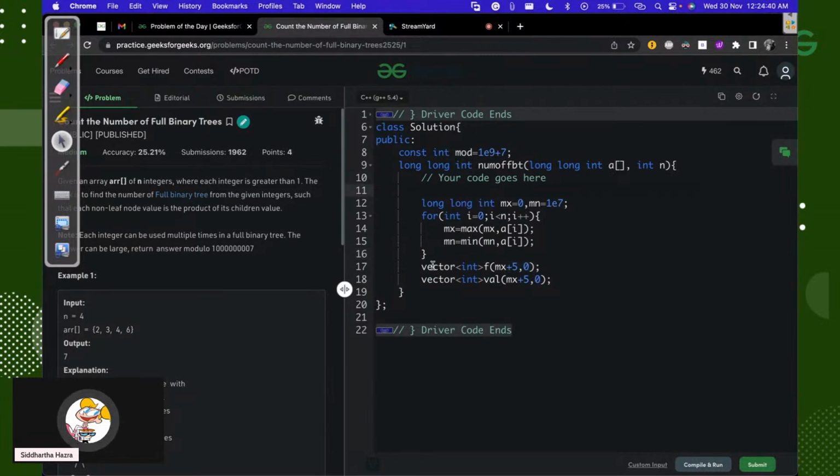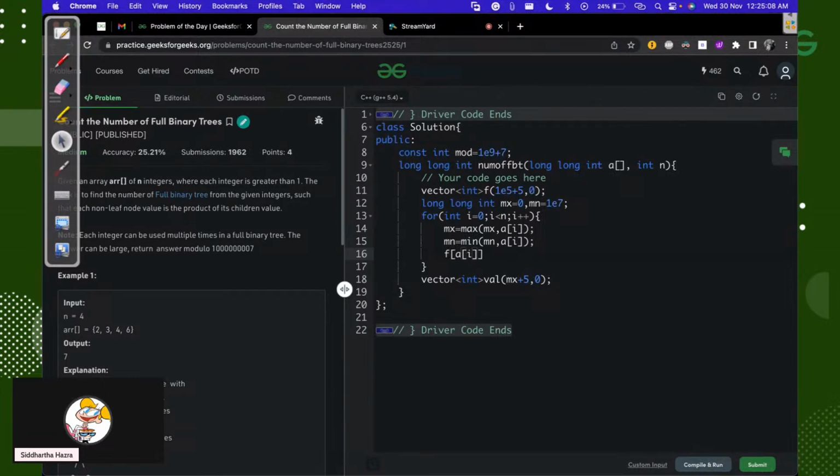So we can have it here like this, and then we would have 1e5 plus 5. Why do we do this? So that the frequency can be taken up here only, and we don't need an external loop here.